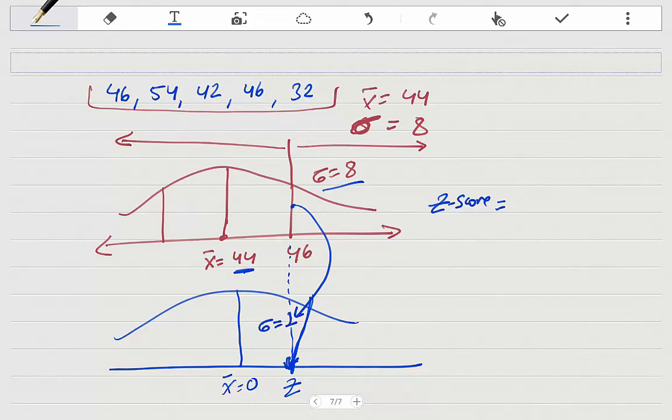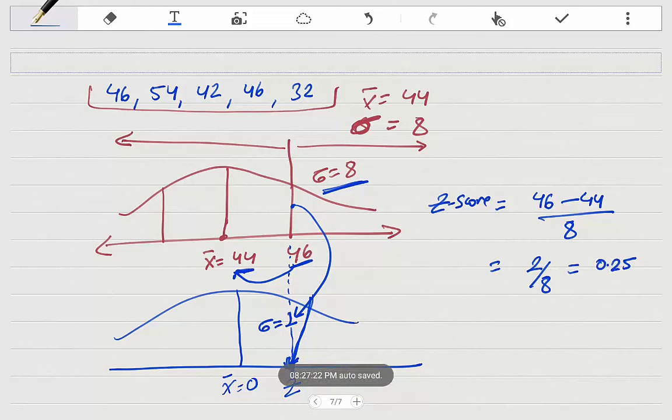The formula is, all you need to know is you want to find the Z of 46: 46 minus the mean from where it came from, 44, divided by the standard deviation where it came from, 8. So it's 2 divided by 8 equals 0.25. Let me repeat this again. You want to find the Z of any value.